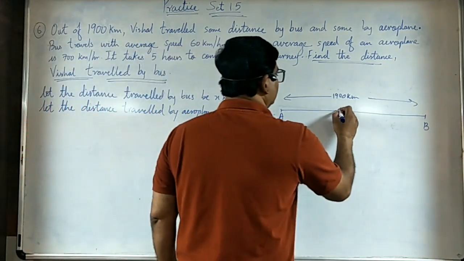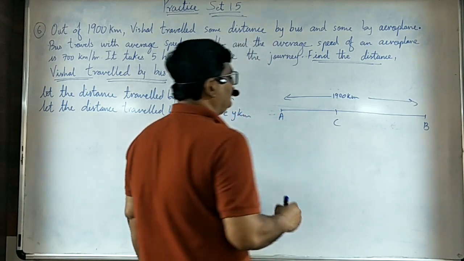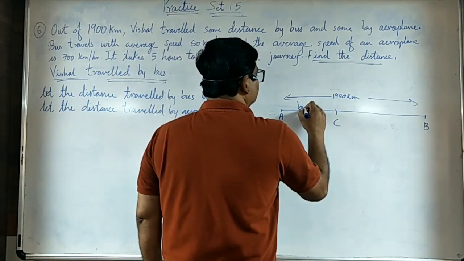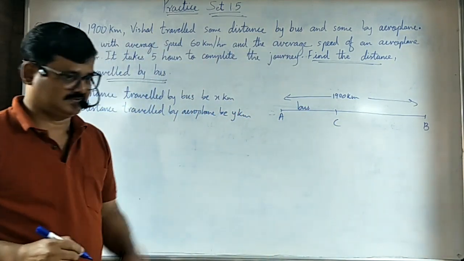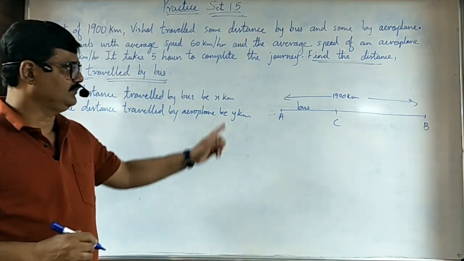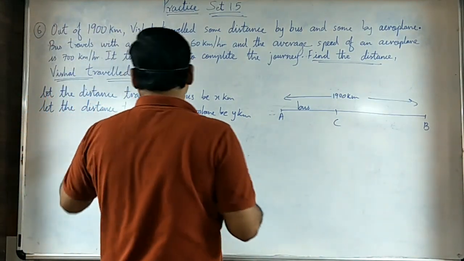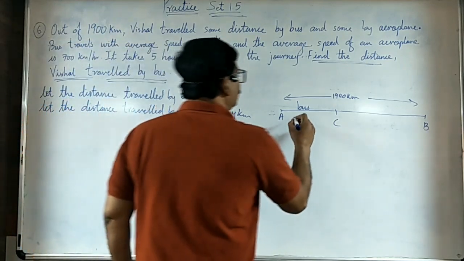Now, for example, if I write from A to C, when he travels from A to C, that means he has traveled by bus. The distance traveled by Vishal from A to C by bus we kept as x kilometer.